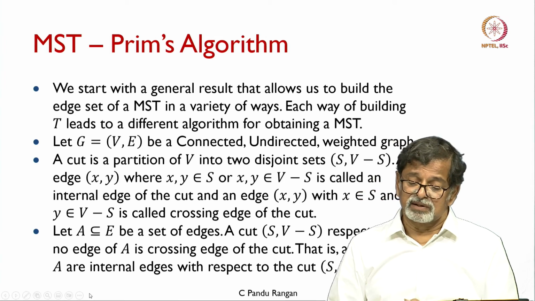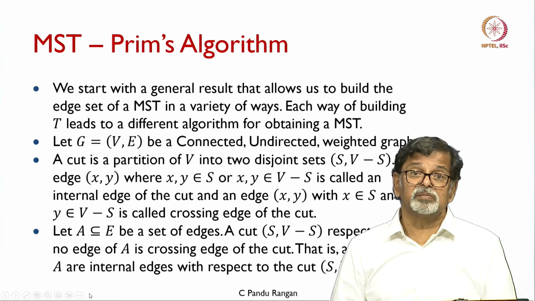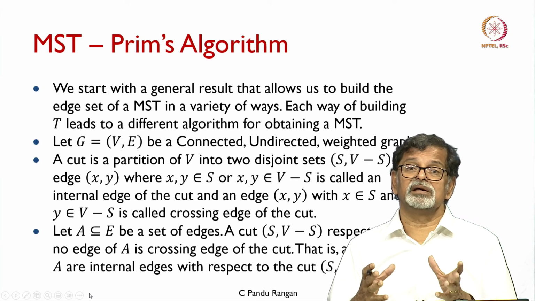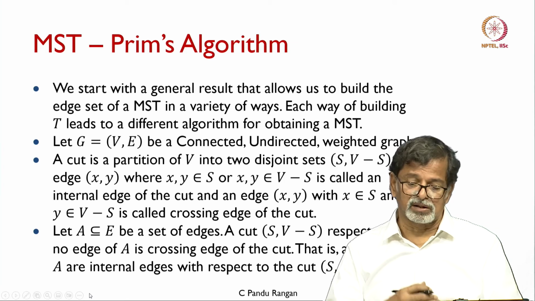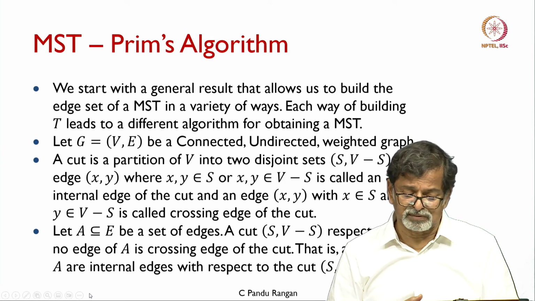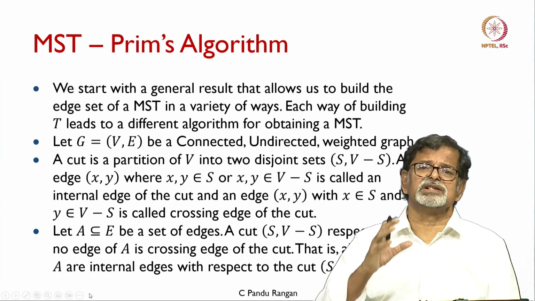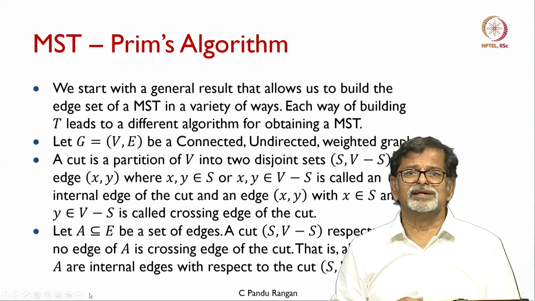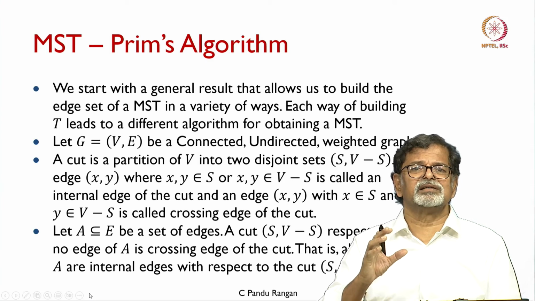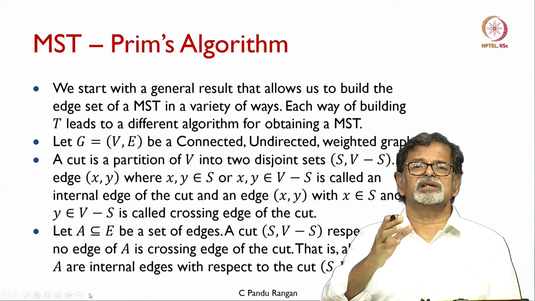So here is a general property, and this property allows us to build the minimum spanning tree in a variety of ways. Therefore, this is a crucial and important property. Since the vertex set is the same as the vertex set of the input graph, all we have to do is build the edge set for the spanning tree.